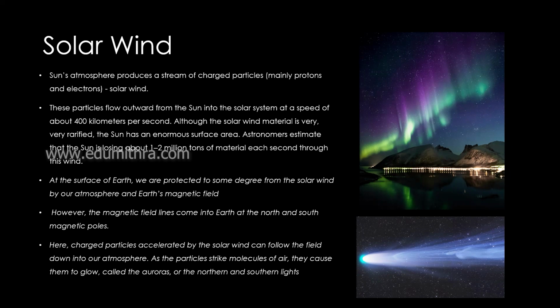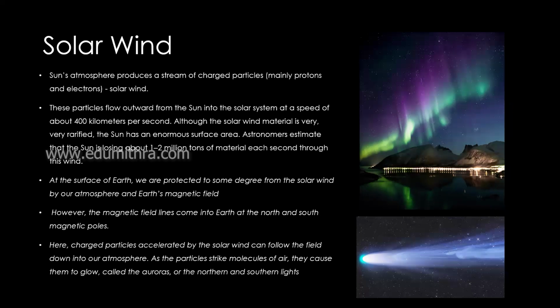These are streaming out of the sun in all directions into the solar system at a speed of 400 kilometers per second, and they are hitting every planet, even the Earth, and can cause some damage to life on any planet.